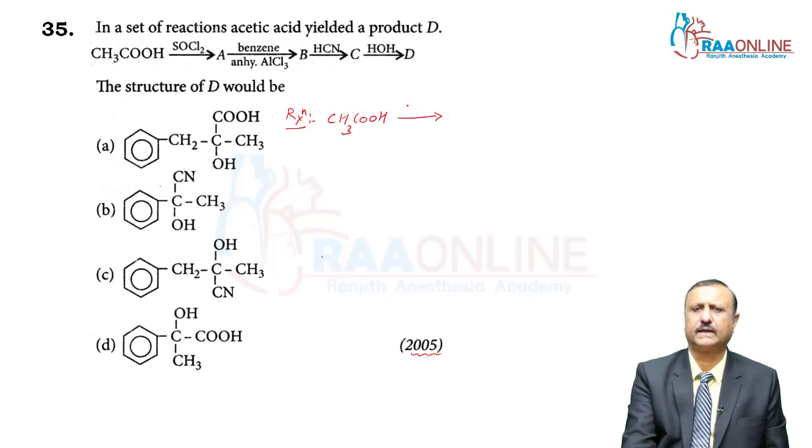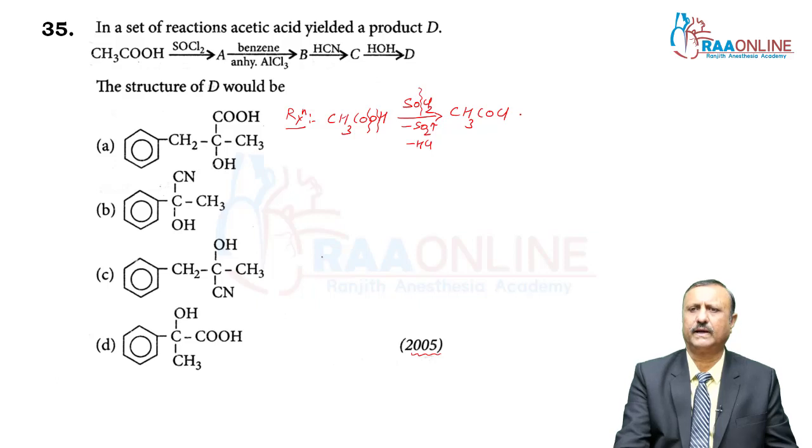When acetic acid reacts with SOCl2, thionyl chloride, the thionyl chloride breaks down the oxygen atom here, and you get SO2 as well as HCl, and you get CH3COCl. That CH3COCl reacts with benzene, C6H6, in the presence of anhydrous AlCl3.